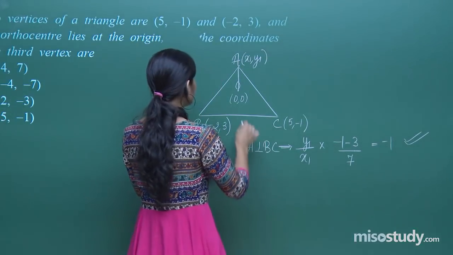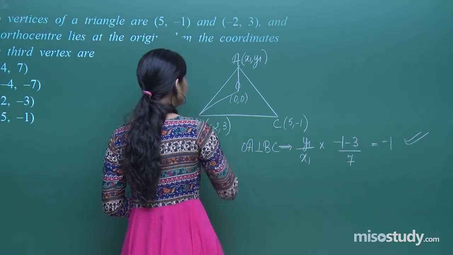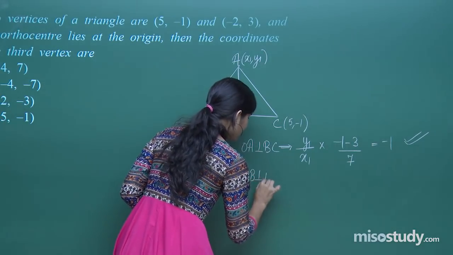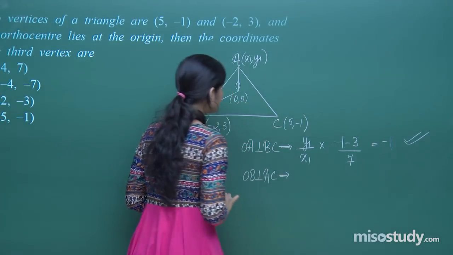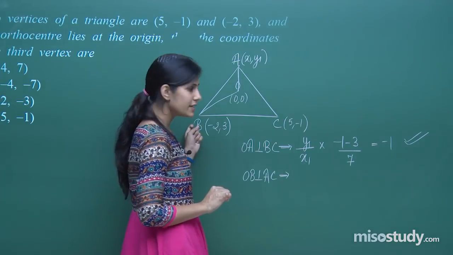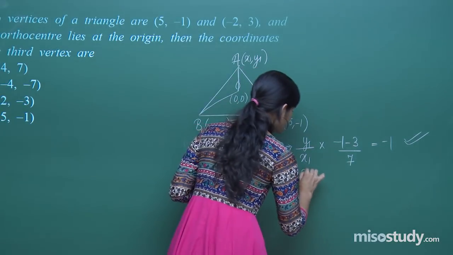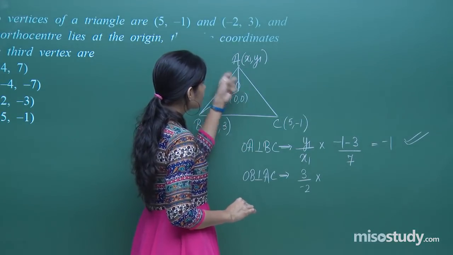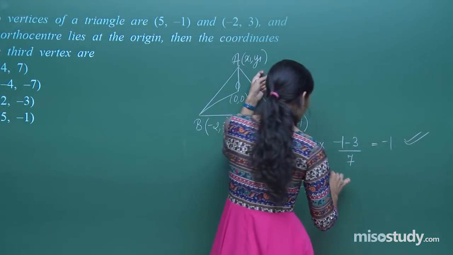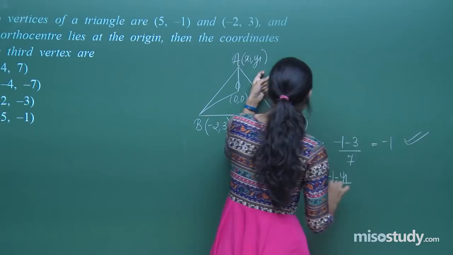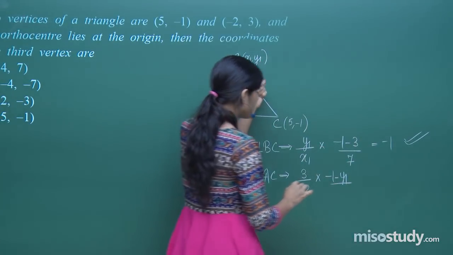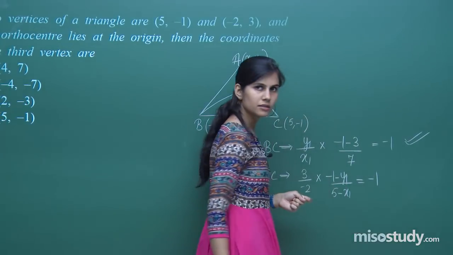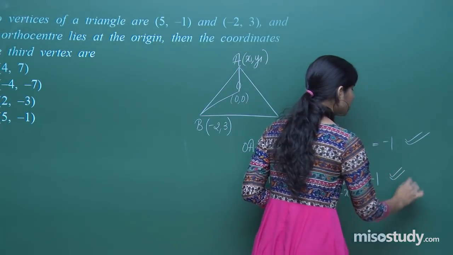After that you are going to say that OB is also perpendicular to AC, that means 3 upon minus 2 multiplied by the slope of AC. What is the slope? (Minus 1 minus y1) upon (5 minus x1) is again minus 1. From here also you get an equation in x1 and y1.